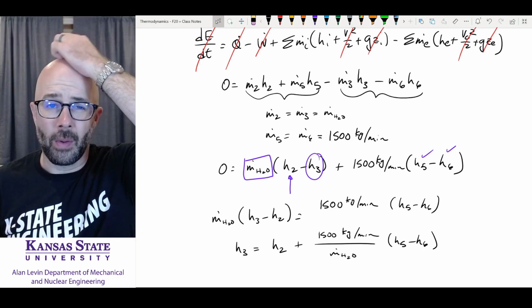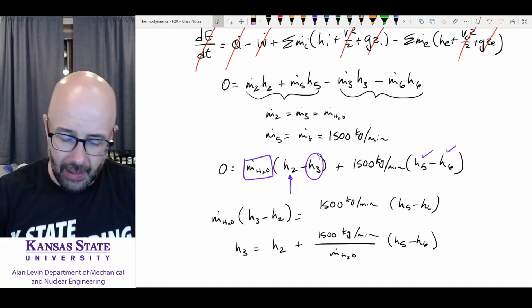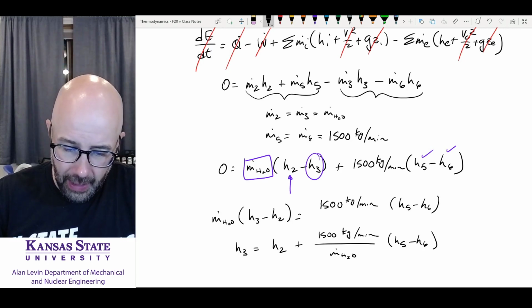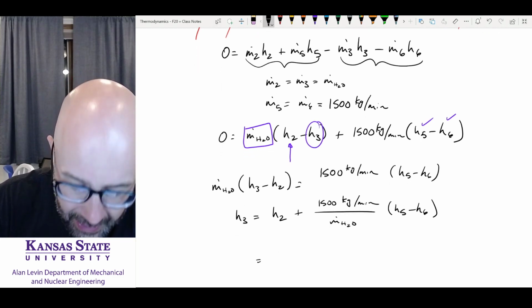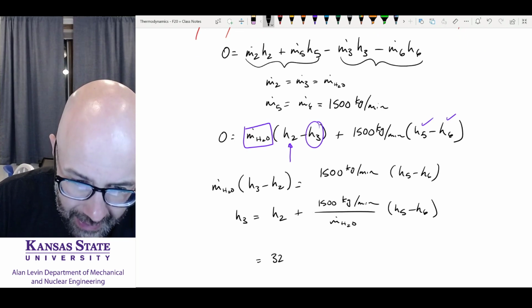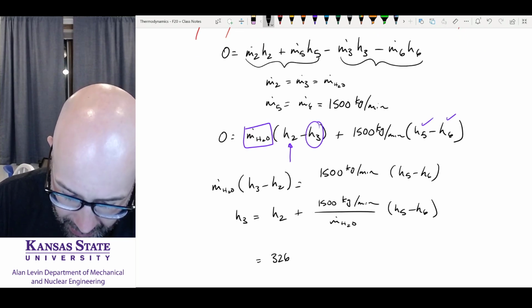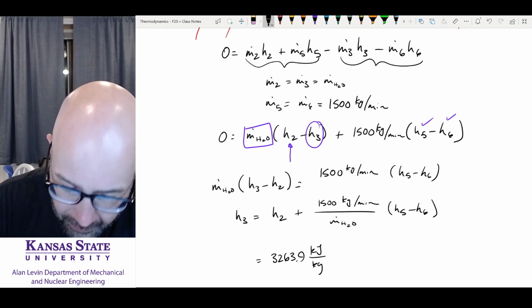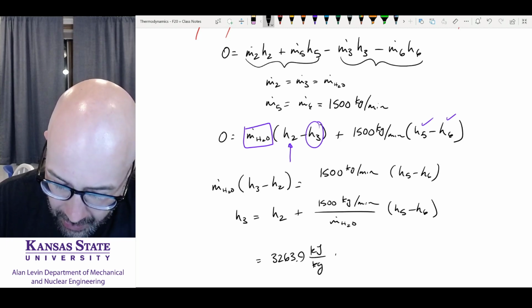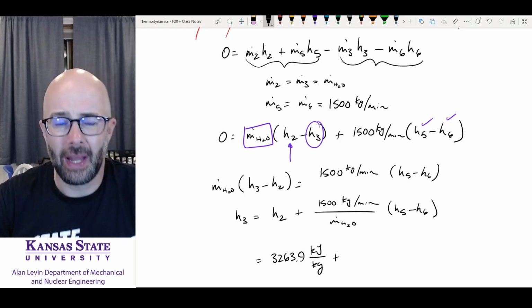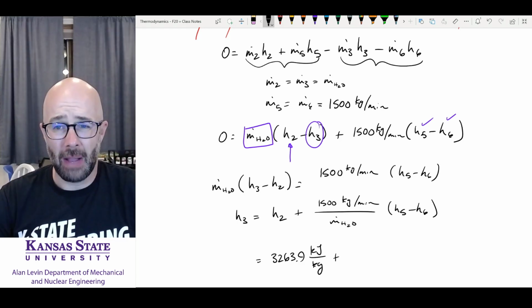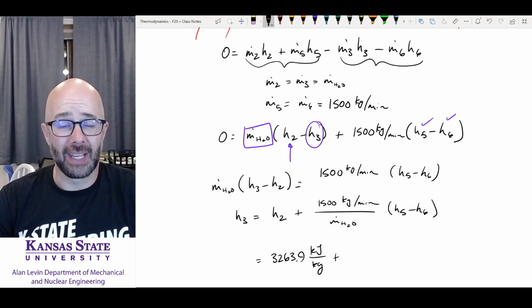Okay, so in this we know H2, like I said. H2 is given to us as 3263.9 kilojoules per kilogram plus, well, our mass flow rate is given to us in kilograms per minute, and our mass rate of water that we just solved was in kilograms per second.